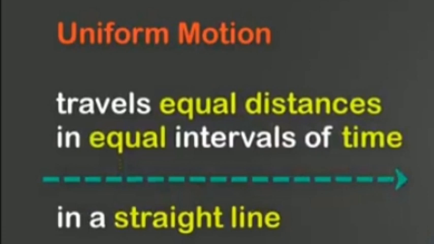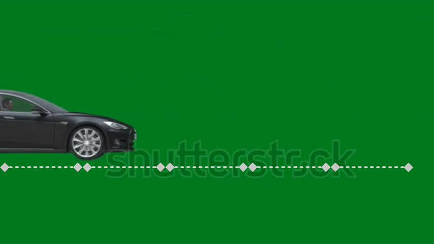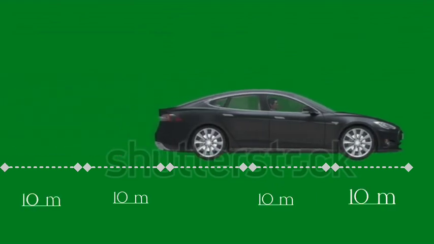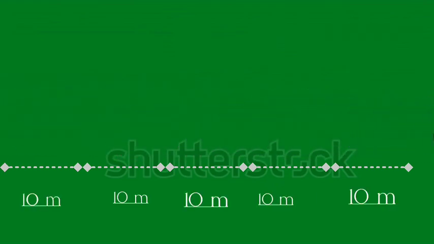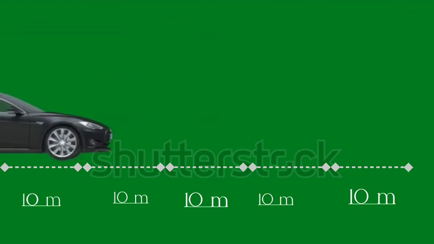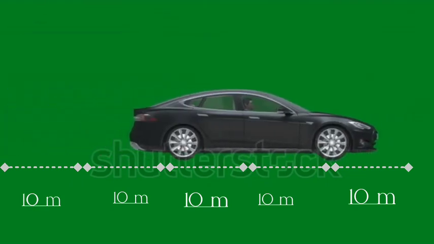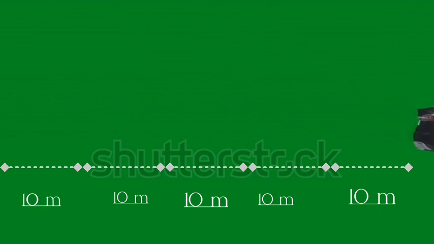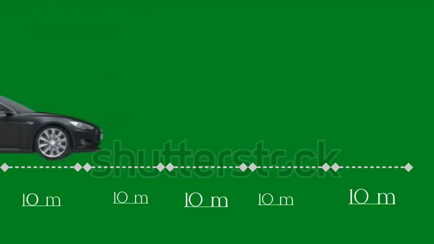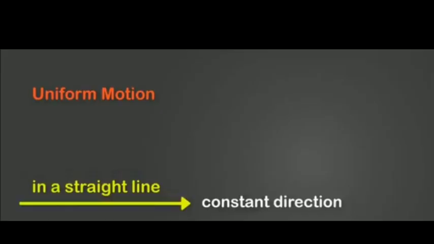For example, let us say your car is traveling 10 meter every second. So the car is going at a constant speed of 10 meter per second. And the second part is it is traveling in a straight line, so the direction is constant.